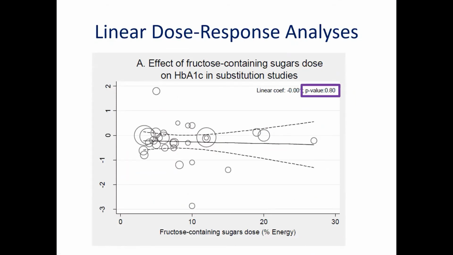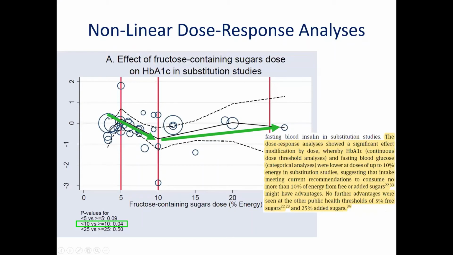Quickly, let's take a look at whether dose-response analyses were conducted and what the results were. So for my example, there was no significant linear dose-response effect. However, there were some interesting results in the nonlinear dose-response analyses. In this example, they performed dose-response analyses using various cut points recommended for free and added sugar intake.